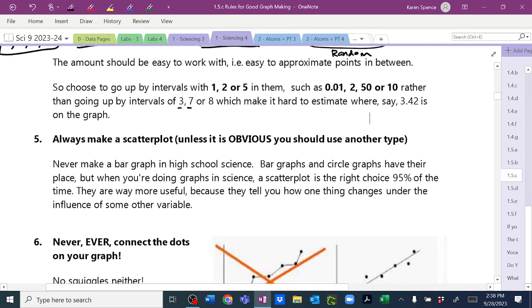In science, you are always going to make a scatter plot, unless it is obvious you should use another type. It might be obvious if you're trying to graph groups.